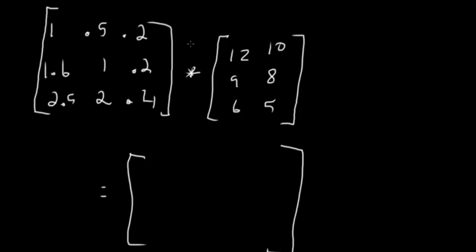So 1 times 12, 0.5 times 9, 0.2 times 6. I've already done the calculations here. All right, so I'm going to go ahead and transfer those matrices to this page. We have a small, medium, and large boat to cut, assemble, and package.